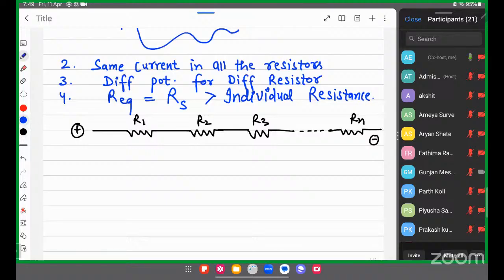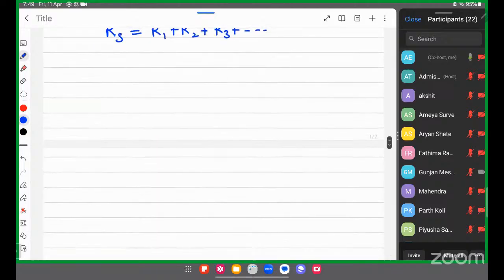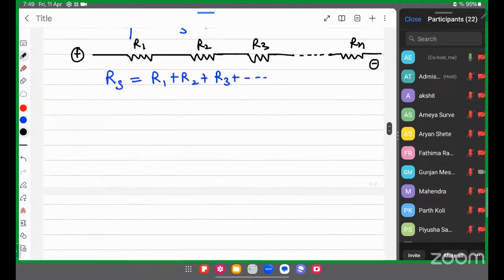In this case, the net resistance or equivalent resistance Rs will be R1 plus R2 plus R3 plus so on. Understood? Yes, sir.